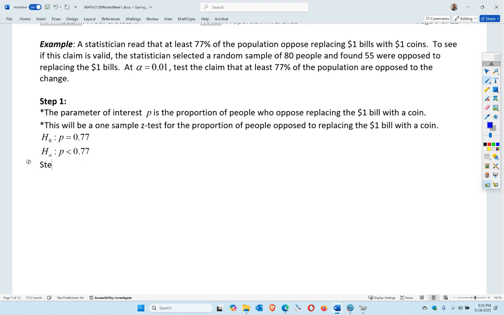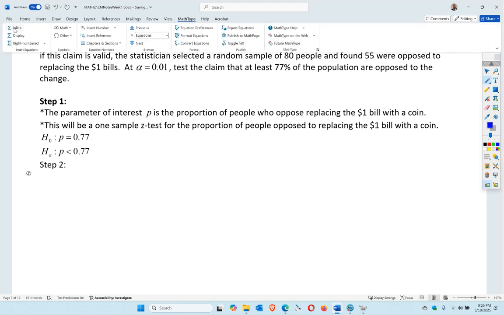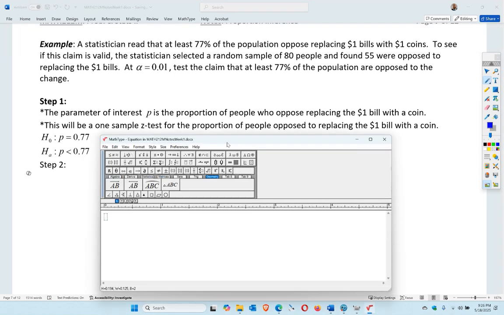All right, step 2. N times P equals, so we have 80 samples at 0.77, right? Because it said the test claim is at least 77.